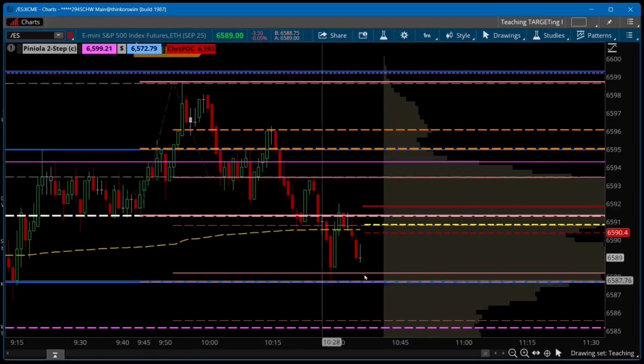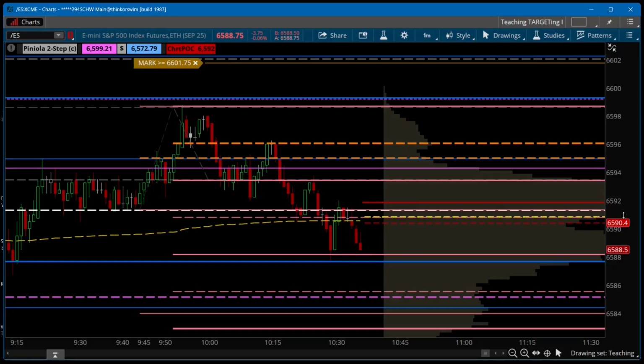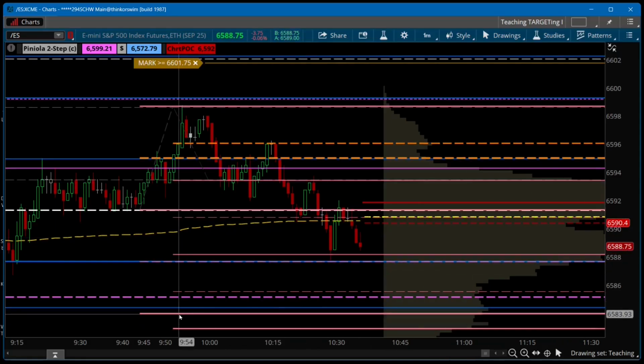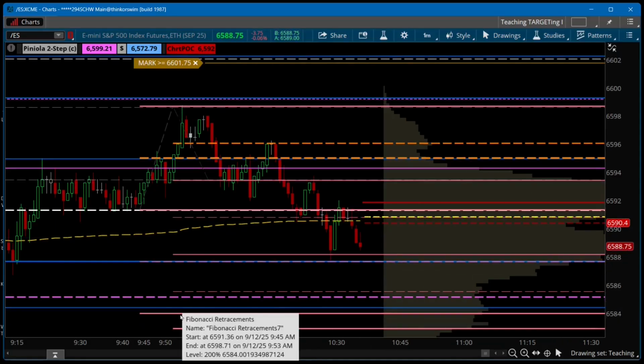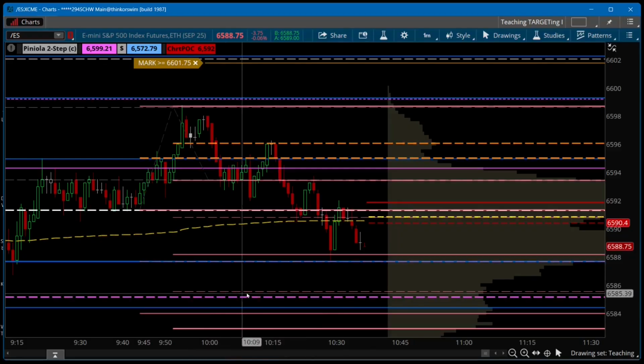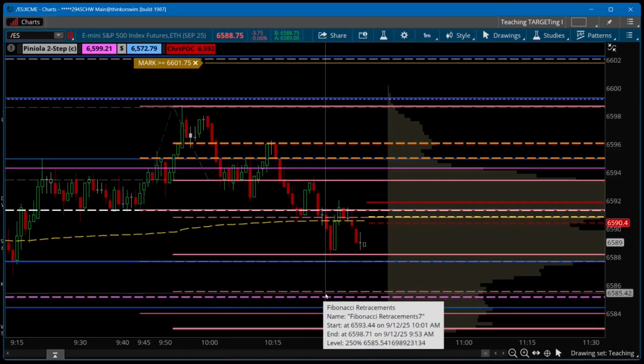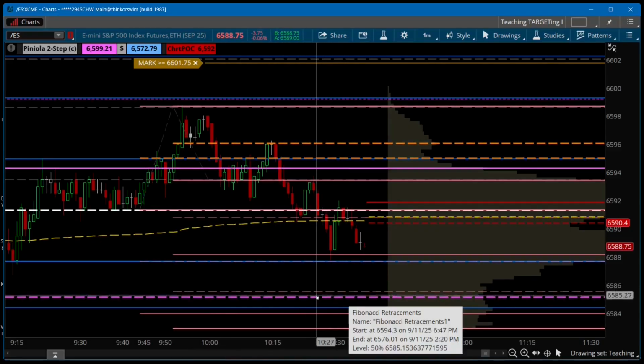So that might make it a stronger targeting issue. And that brings us down here to the, what is that, 65.84 line. So now we're starting to get targets in this area.